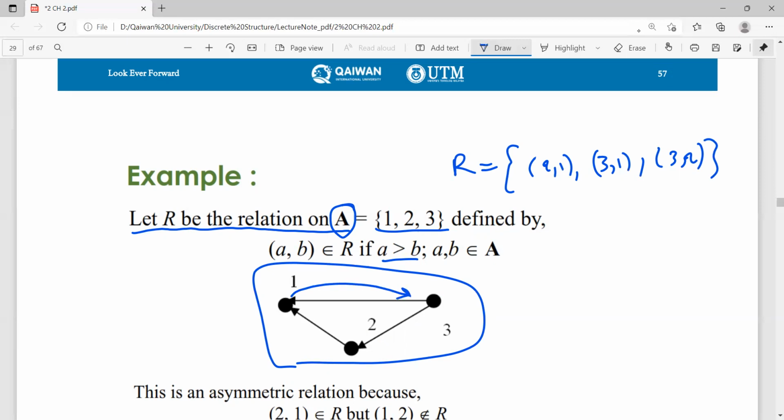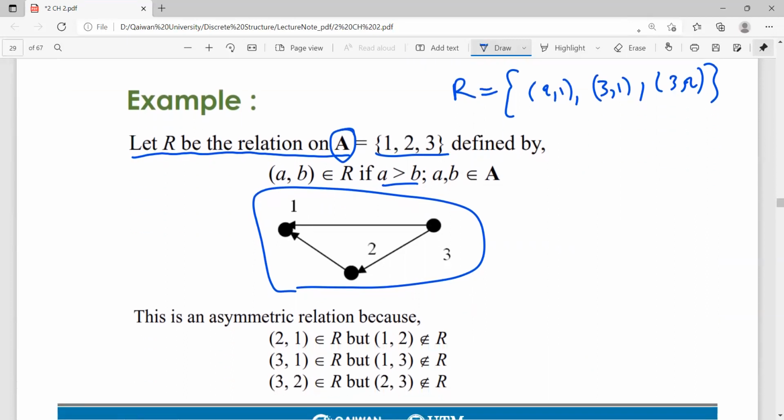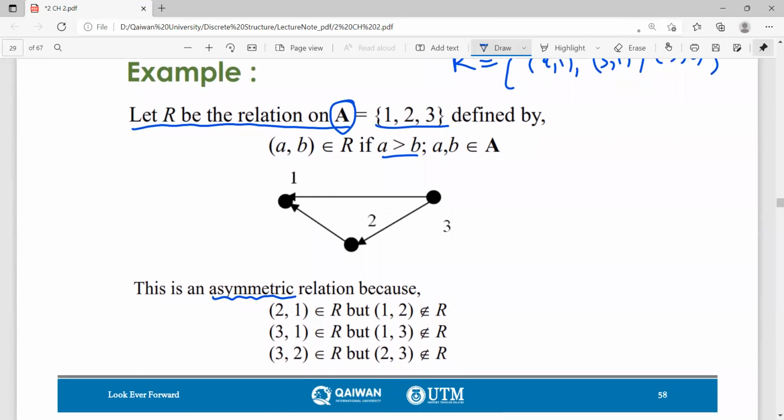If we have even one returning arrow, we say that's not asymmetric. This is an asymmetric relation, because here (2,1) belongs to R but (1,2) is not. (3,1) is in R, but (1,3) is not. And the same for (3,2).